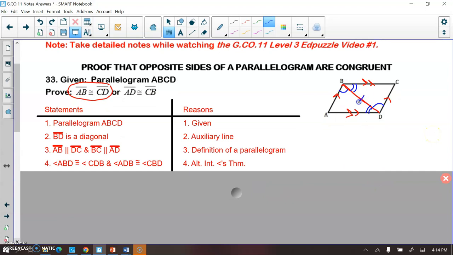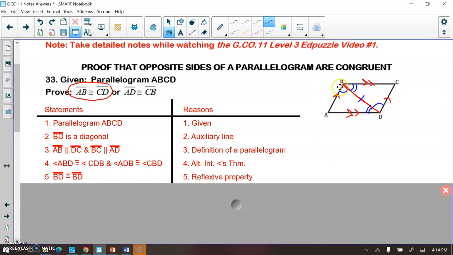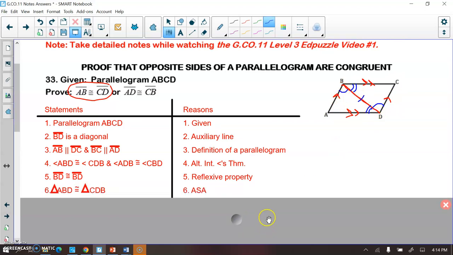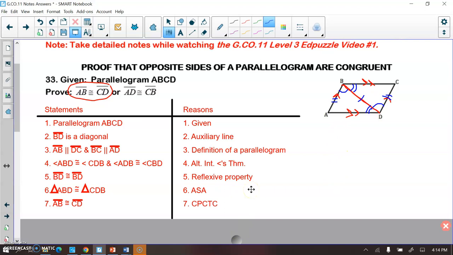Then, by the reflexive property, BD is congruent to itself. And so if I look at these two triangles here, those two triangles are congruent by angle, side, angle. And so if those two triangles are congruent, then we know that parts of the triangles are congruent. So I can say that AB is congruent to CD by CPCTC.